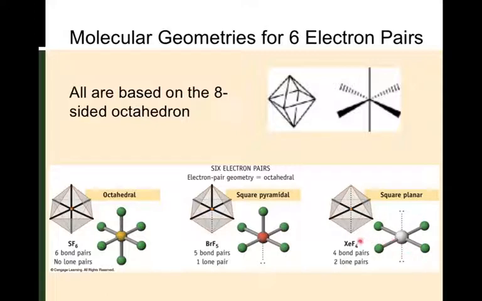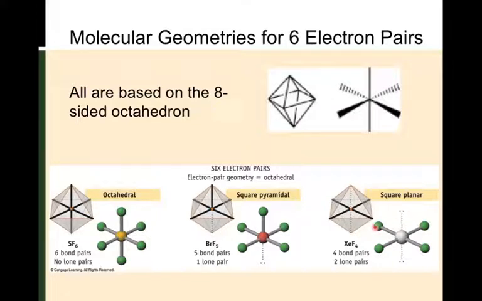Then in the case of xenon tetrafluoride, we have 4 bond pairs and 2 lone pairs. So here we have 1, 2, 3, 4, and a lone pair above and below. And so this is our square planar structure. All of the bond pairs are shown in this solid line, and we have the lone pairs above and below this plane.